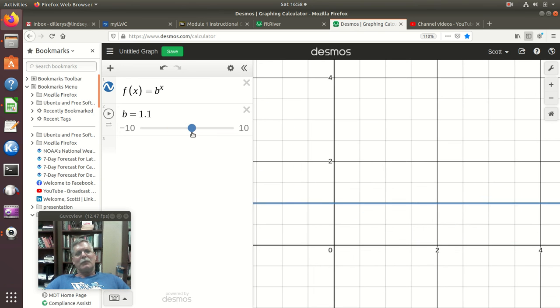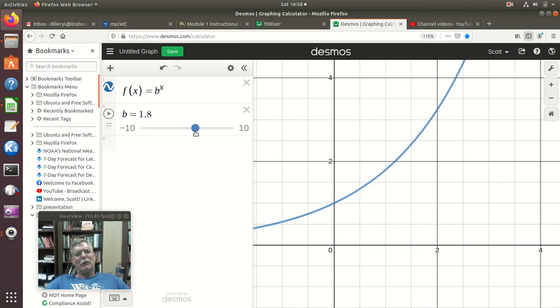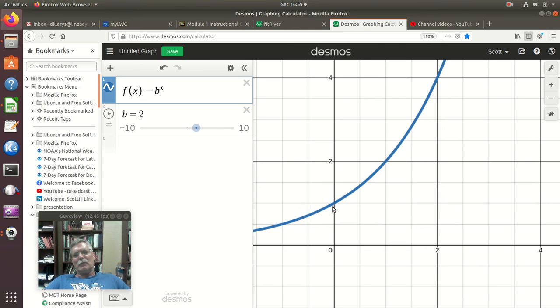Okay, so now another property about b, though, is let's look at some positive ones. Let's say b is 2. Now, notice, okay, here we're at 0, 1, and to get to 2, I have to hold it, but to get to 2 I had to travel 1.